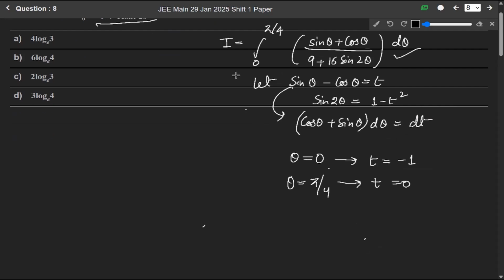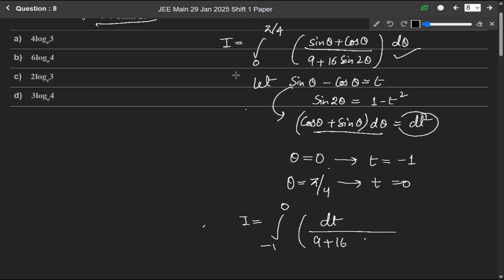So I will be equal to the integral from minus 1 to 0 of dt over 9 plus 16 sin 2 theta, and sin 2 theta can be written as 1 minus t squared.